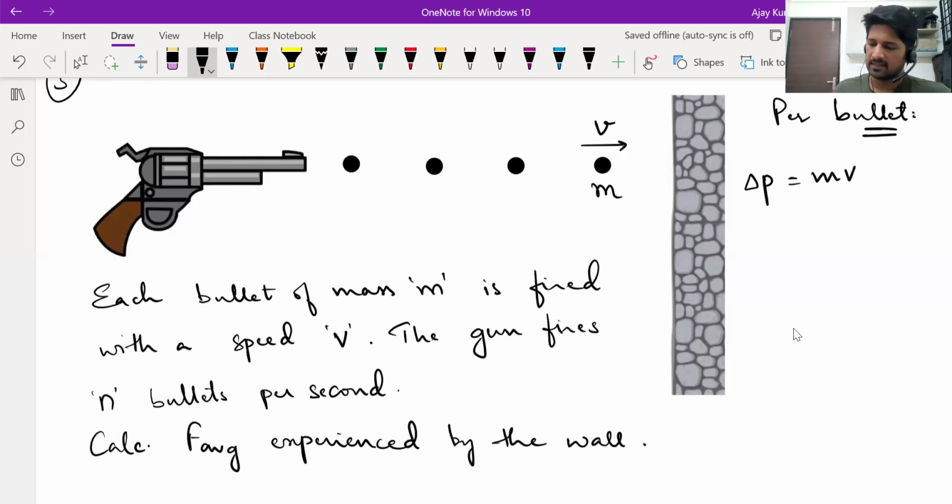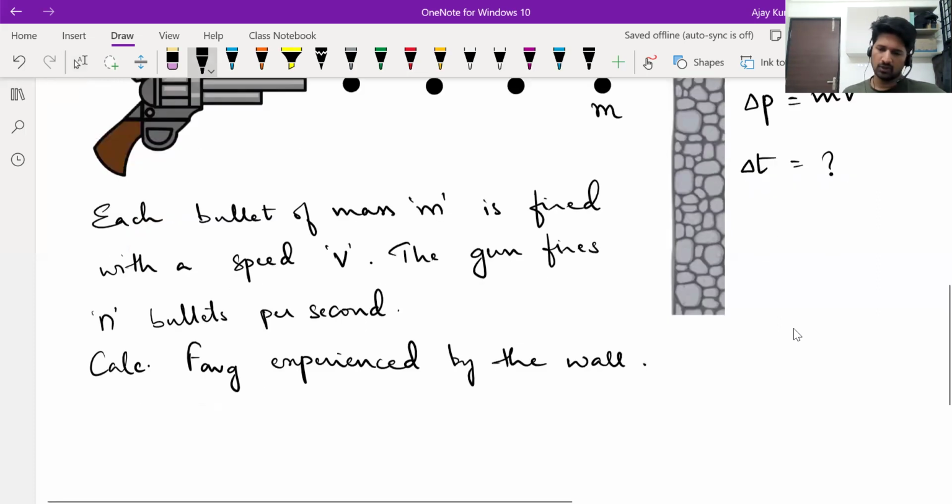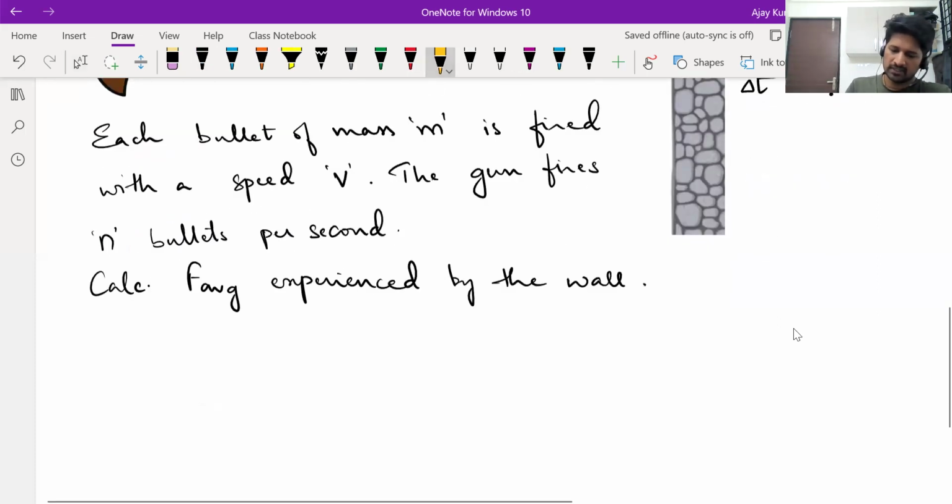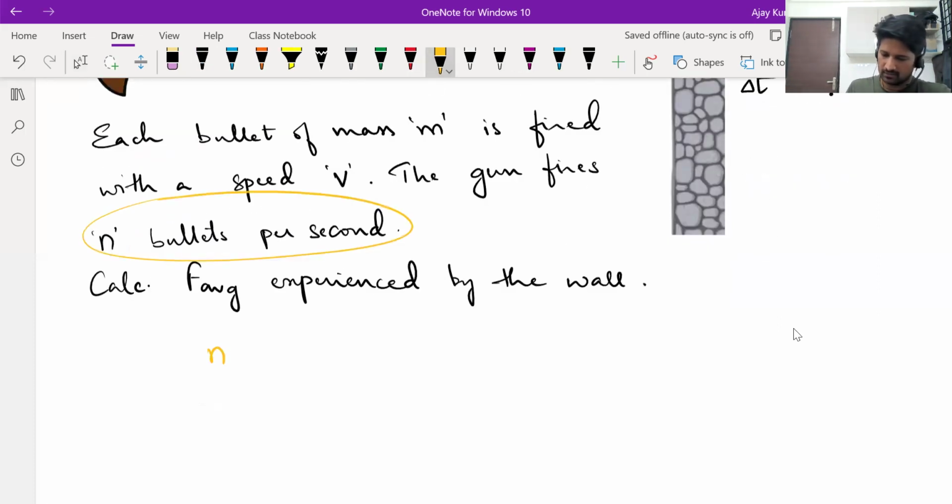Next thing we need is the time. How much time does each bullet take to hit the wall? Now you are told that n bullets are fired per second. N bullets take 1 second. Then one bullet takes how many seconds? That is the question. You have to divide by n on both sides. So one bullet will take 1 by n seconds.